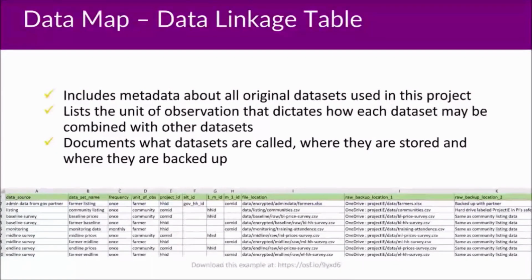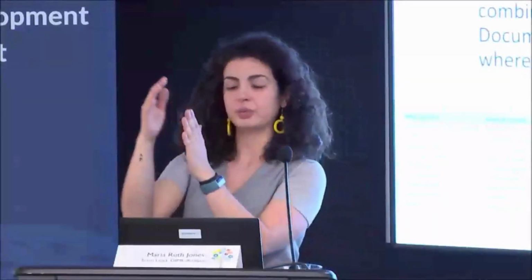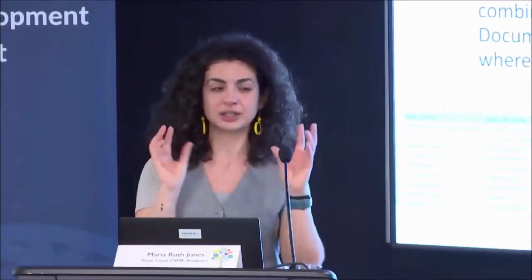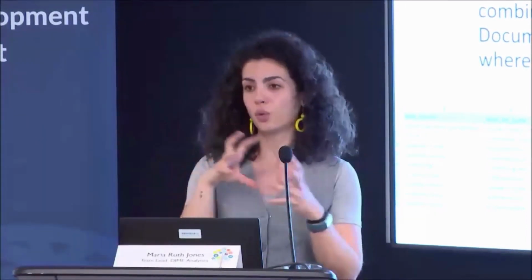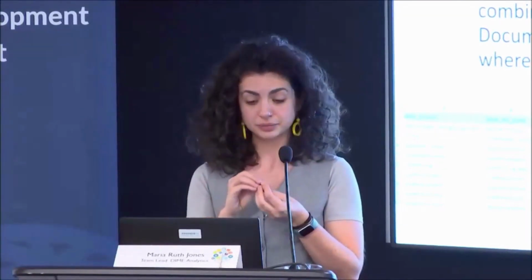So, for example, if I'm doing a baseline survey and an endline survey and I'm receiving administrative data, I'm going to list all of these data sources in this data linkage table. And what we usually want to do in the end with all of these different data sets is to combine them to create a panel data set where you can track people over time, or to combine different measurements that come from different sources into one analysis data set.